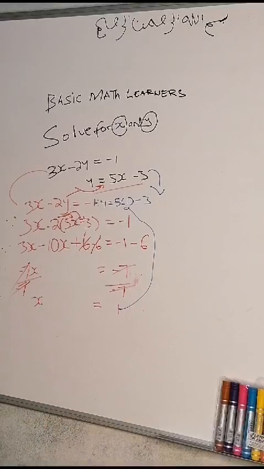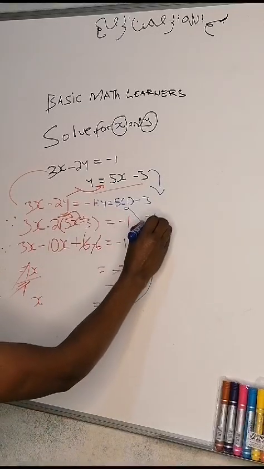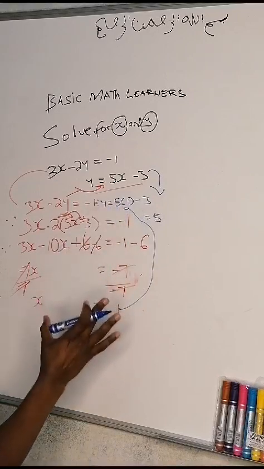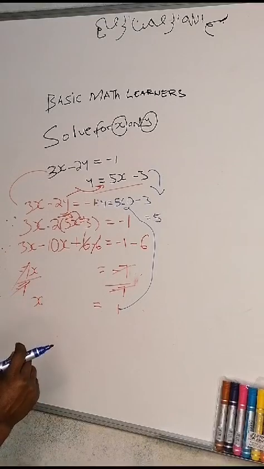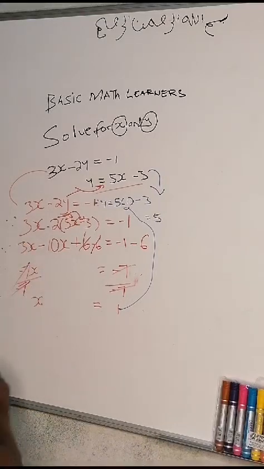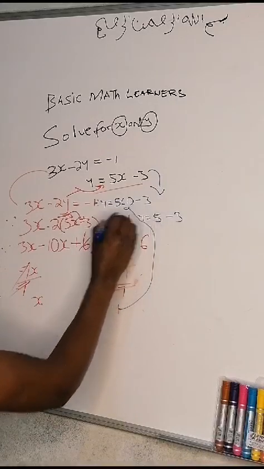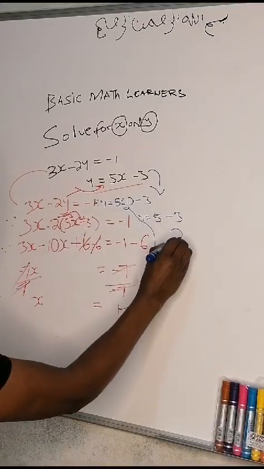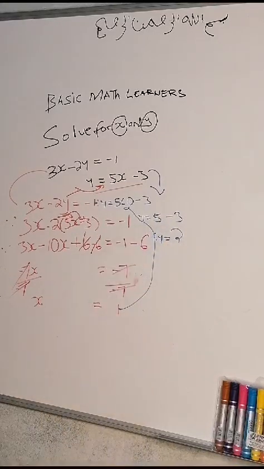This is the value of x that you find out. 5 times 1 is equal to 5. This bracket is just multiplication. And remember, wherever you take a value and you substitute in the place of the variable, bracket it. It's always needed. Okay, 5 minus 3, it gives me 2. Therefore, my y equals 2.